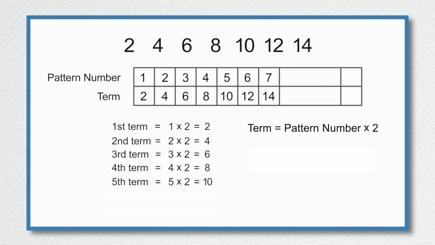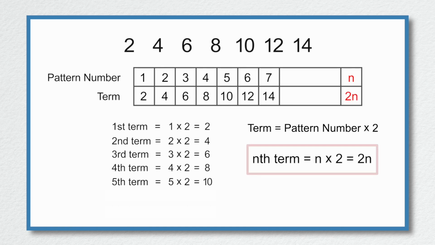So if I want to write a general rule for a sequence, we call that the nth term, where n can be any number. So the nth number in the sequence is going to be n multiplied by 2, which is 2n. And there is our rule. And so we can use this rule to find any term in a sequence.